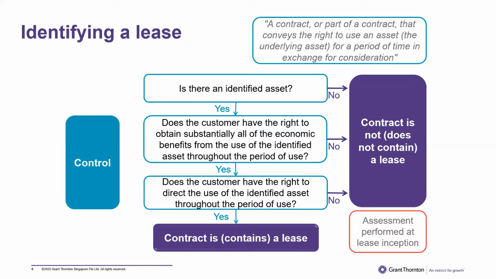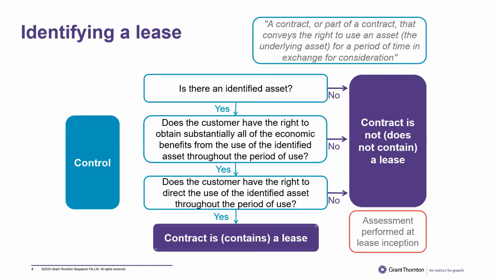If it's an exclusive contract where only I use the asset, then yes, maybe we will meet all these criteria, because it's for me. Then I decide what type of production should happen, how many products are to be produced, for what purpose they are to be produced, and so on and so forth. So I guess the simpler the contract is, the easier it is to apply this definition.